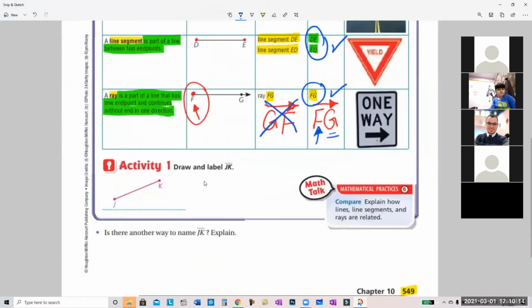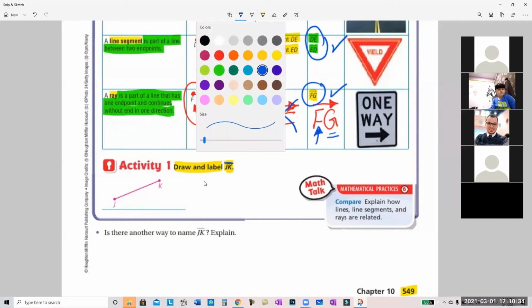Okay, let's move to the next activity. Activity 1. Let's draw and label line segment JK. Why line segment? Because I saw this small figure above the letters. So we have a line segment here. How can we draw it? It's so simple.